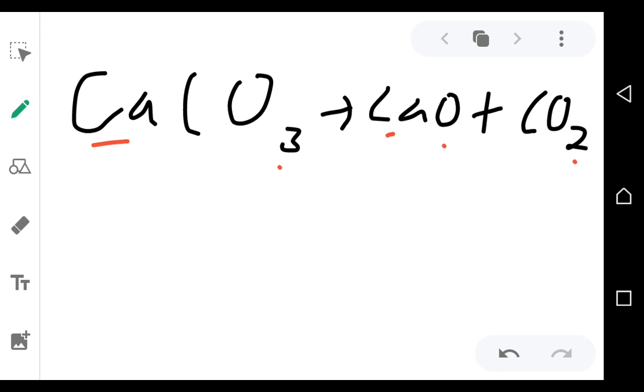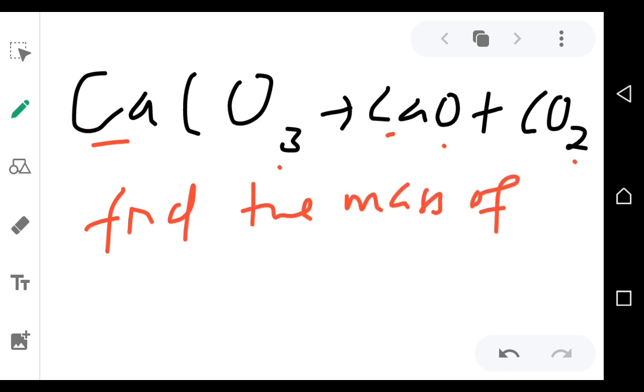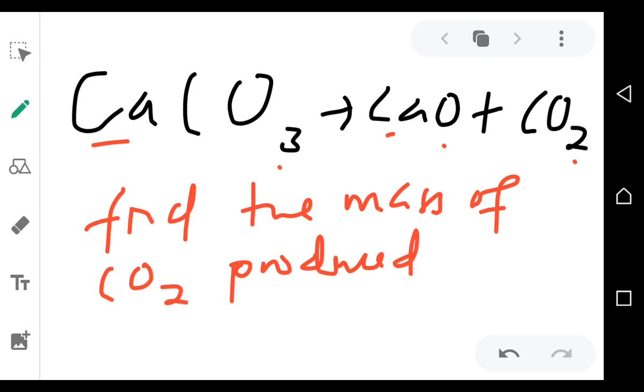Here they can say: find the mass of carbon dioxide produced. CO2 means carbon dioxide. I can put it in words if you want.